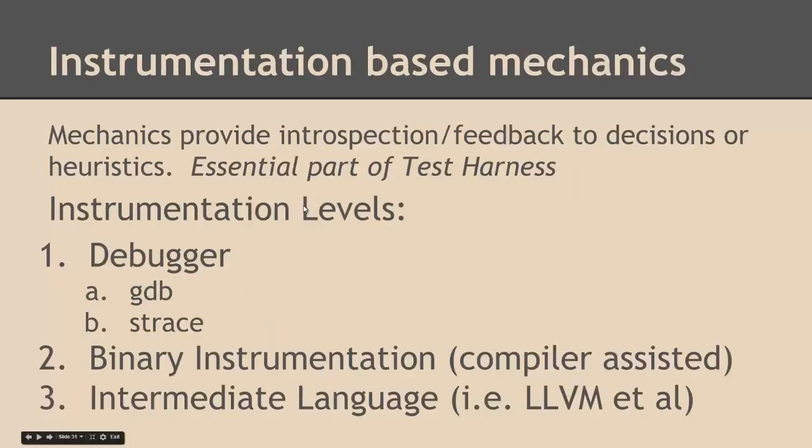Finally, there are instrumentation or introspection based mechanics. This is an essential part of the testing process. It's one of the core components of the test harness. There's various levels that instrumentation could happen at. It could be by running the process and then attaching a debugger to it, or running it through a debugger, running it through some sort of tracing debugger, doing binary instrumentation, or doing intermediate language instrumentation, which usually requires source code.